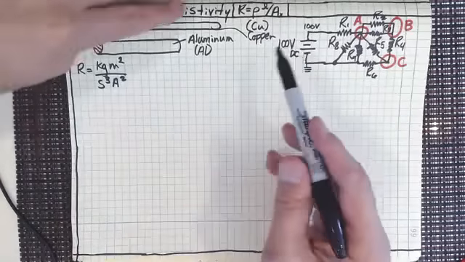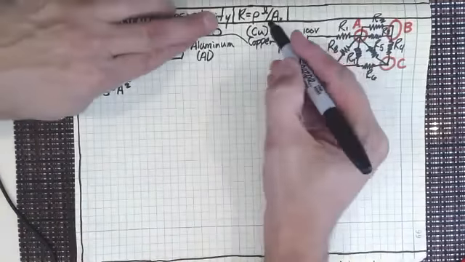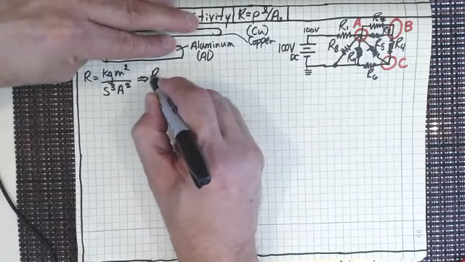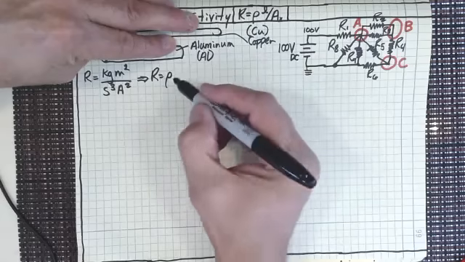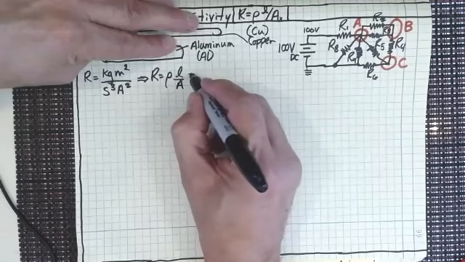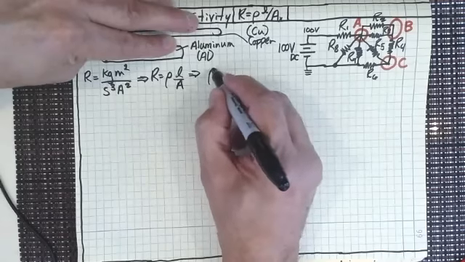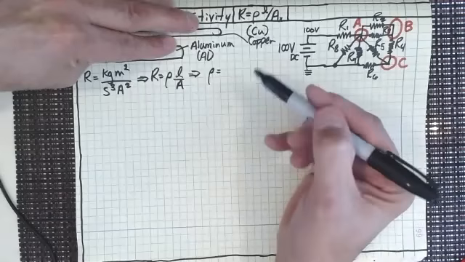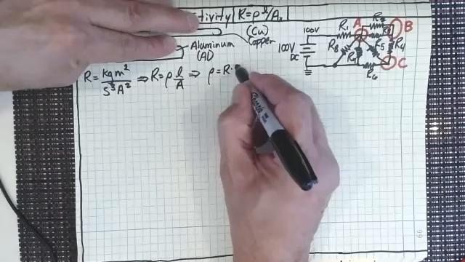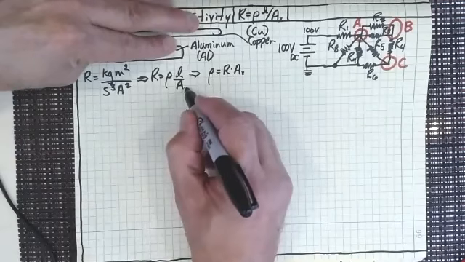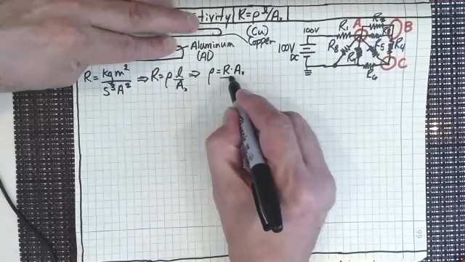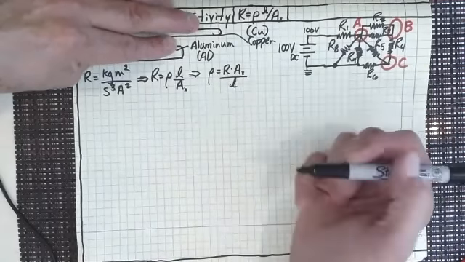And if R equals rho, which is resistivity, times length divided by cross-sectional area, then the units of resistivity are going to be the units of resistance times the units of cross-sectional area, divided by the length.